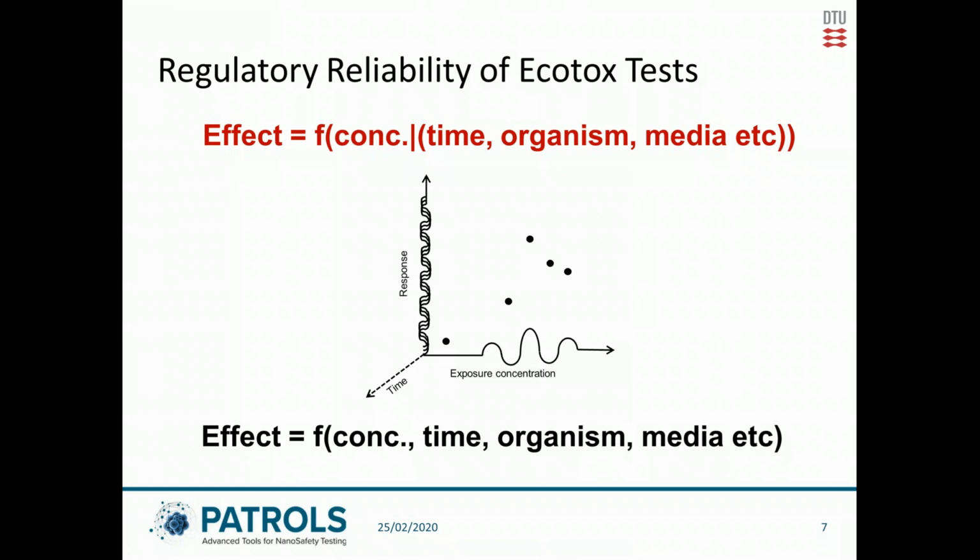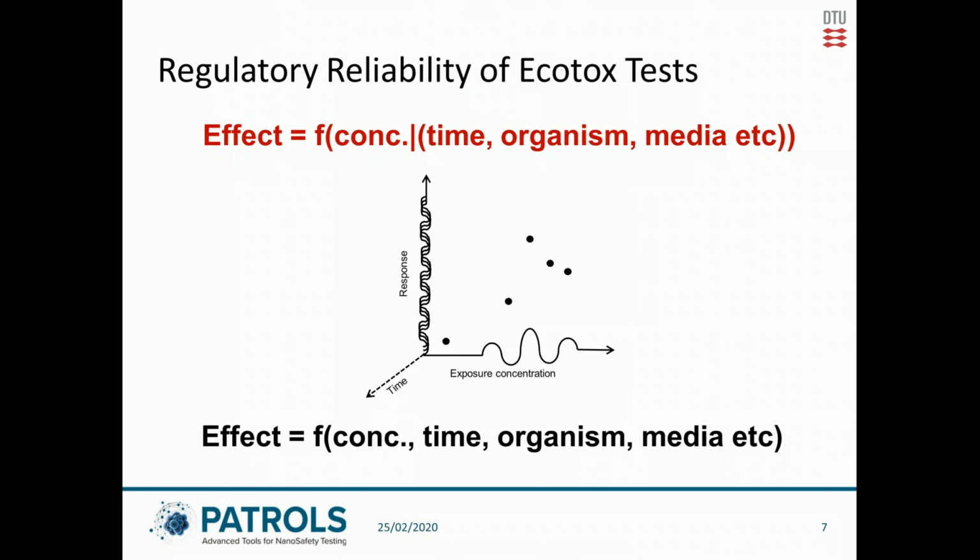However, the picture below shows what we have experienced many times. This is from a PhD thesis of Sarah Sørensen here from our department, where she, after many years of Ecotox testing, said that she thinks it looks like this, the concentration response curves, that everything is a bit shaky on the axes, and everything happens under time, and therefore it can be a bit difficult to actually figure out what's going on in the tests.